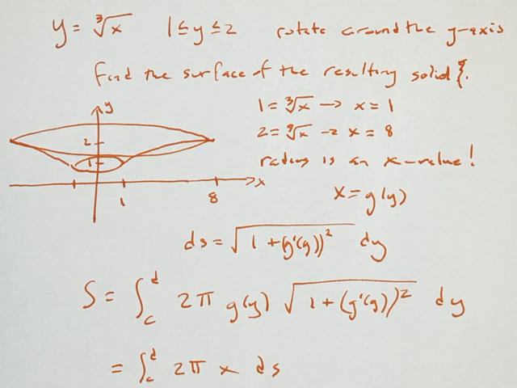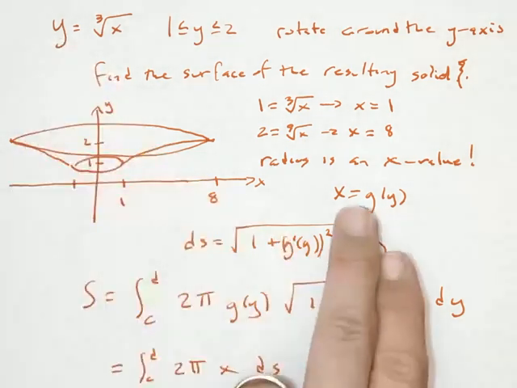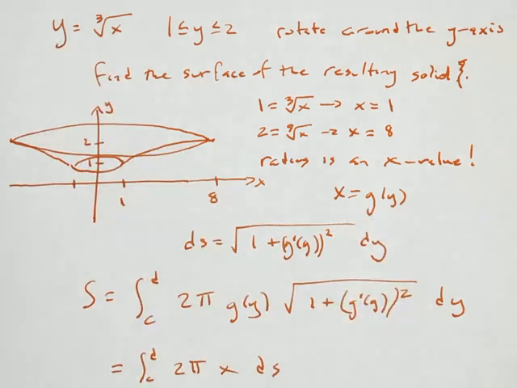How do I take the equation I've got, the curve, and rewrite it? The x equals g of y. Just be x equals y cubed.